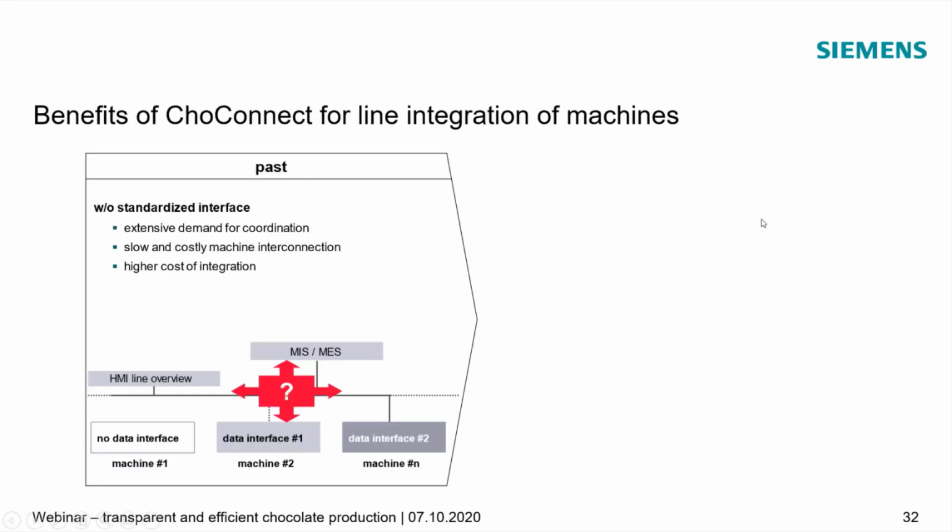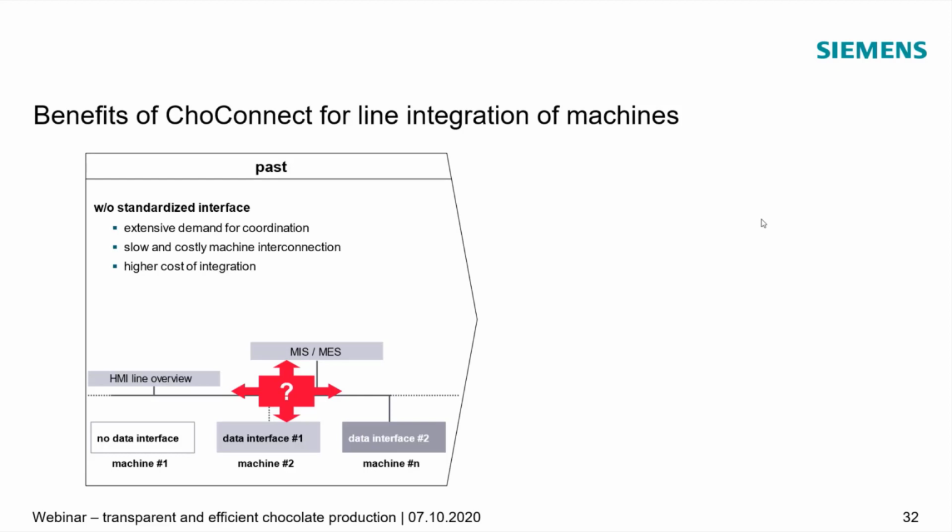Let's see what benefits the standardized data interface brings to the table. On the left side, you see the situation without a uniform data interface that you still find in a lot of factories today. Missing communication standards and interfaces make the line integration of machines difficult and costly.